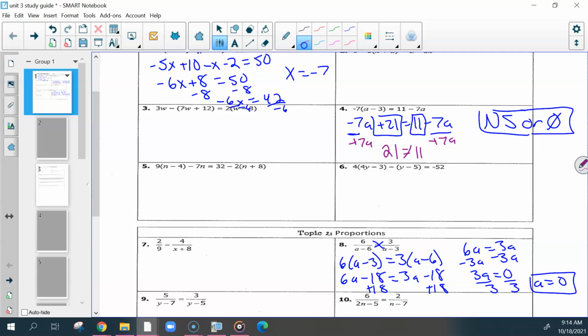So if you see that before you keep solving, you don't have to keep solving, but if you would rather keep solving, that's fine as well. On to the next page.